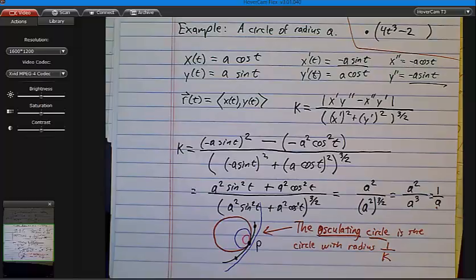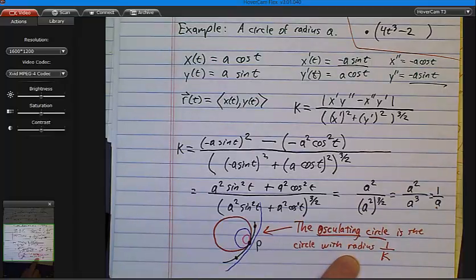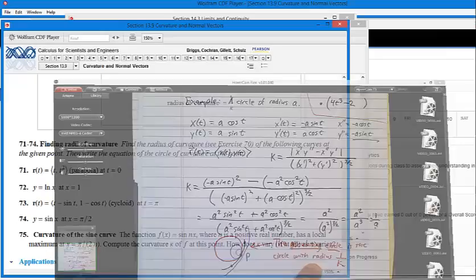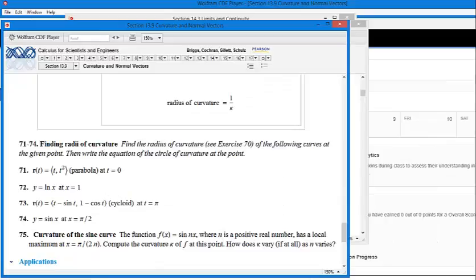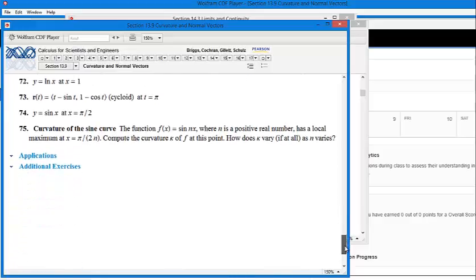Just find the curvature, take the reciprocal, and that has to be, from our calculation, the radius of the osculating circle. Is that enough of a hint? Hopefully. What else? People asked about 77 and 81 also, but I think those are different.